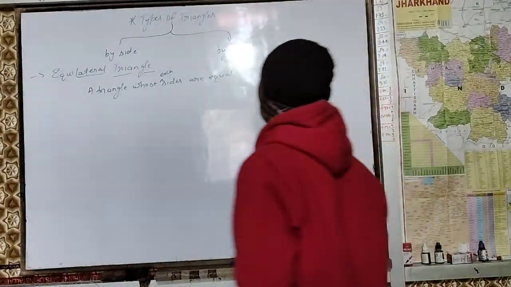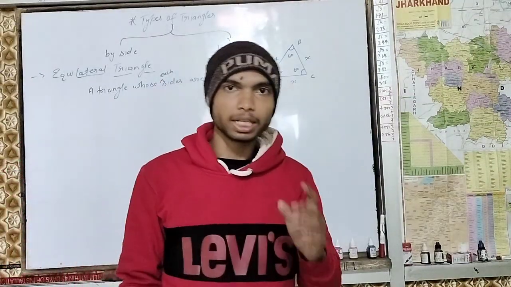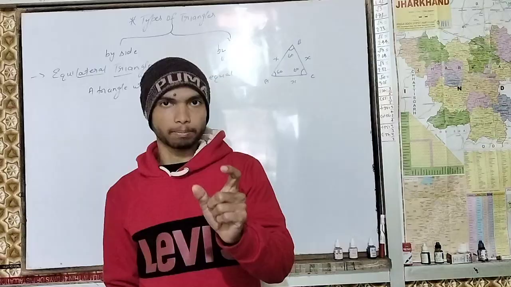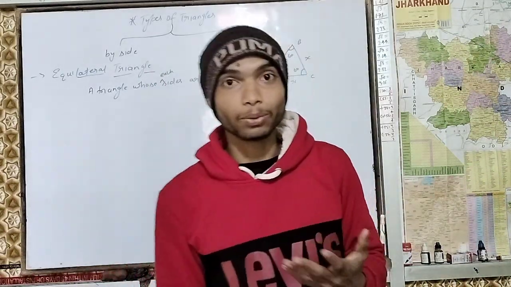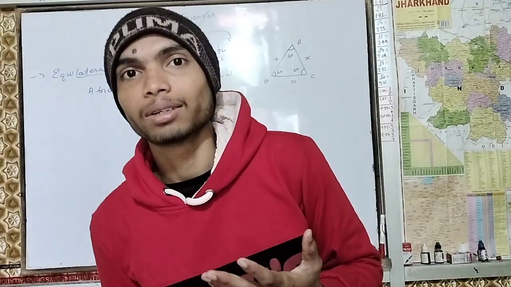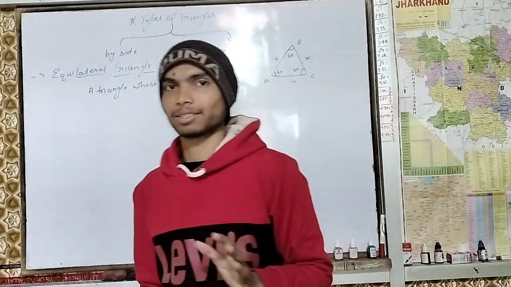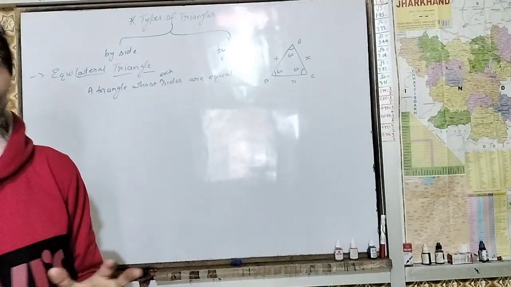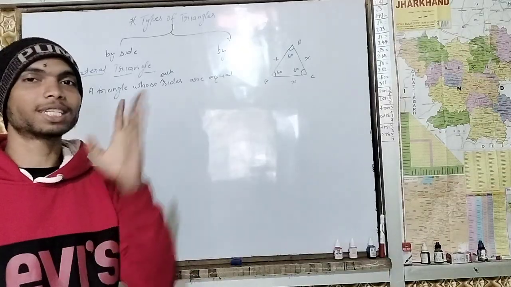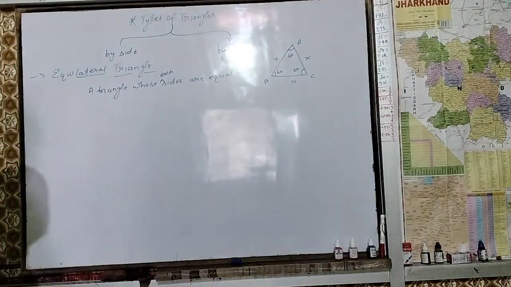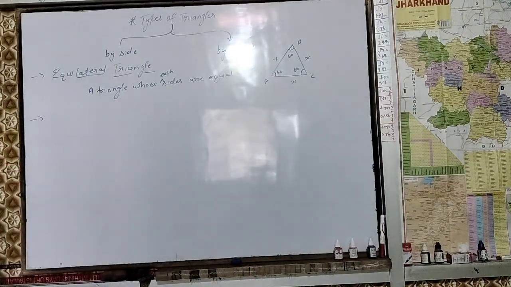If the question is asking, each of the three sides of a triangle is the same, then what is going to be the value of each interior angle? Then you would say 60 degrees. Simple. It's a fact. There is no calculation for this.